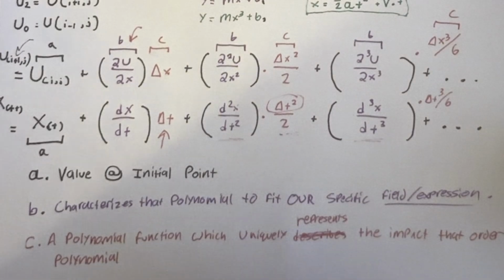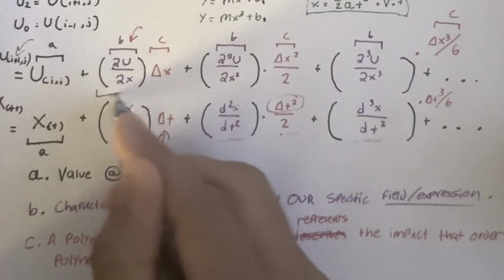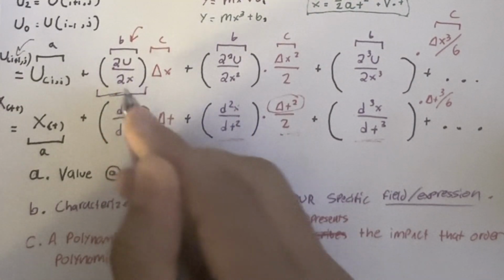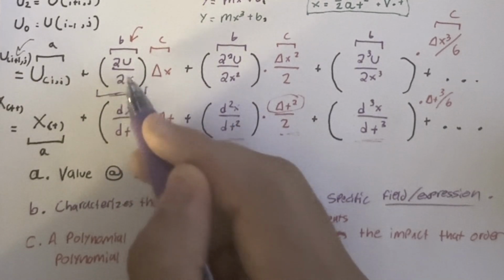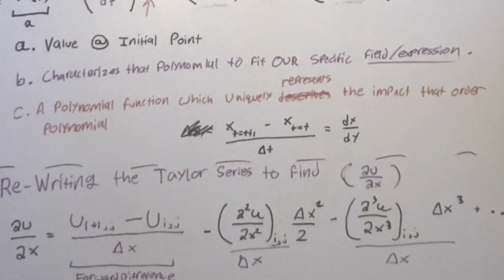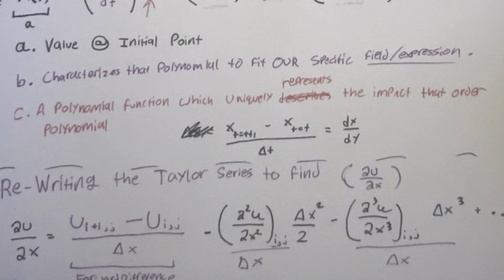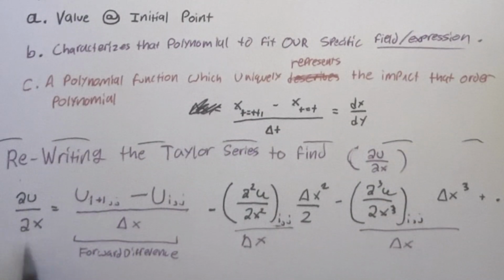Next, we will rewrite this expression to derive specifically our first order partial differential equation right here, du dx. Finally, we have our expression for du dx, the partial differential version, as a function of the flow property value at u i plus 1 comma j minus the flow property value at u i comma j divided by change in x.